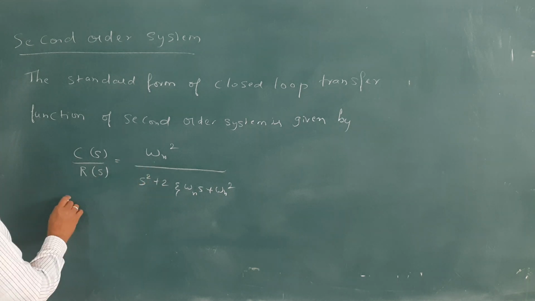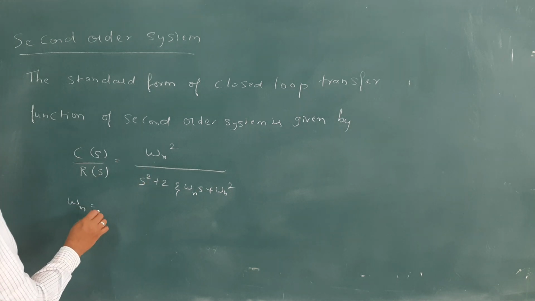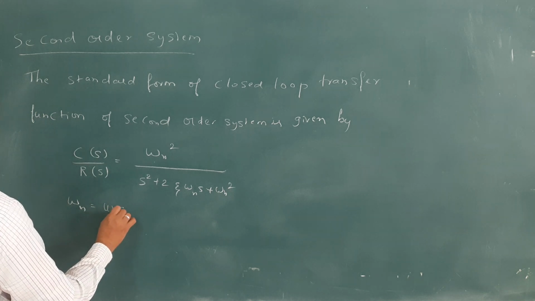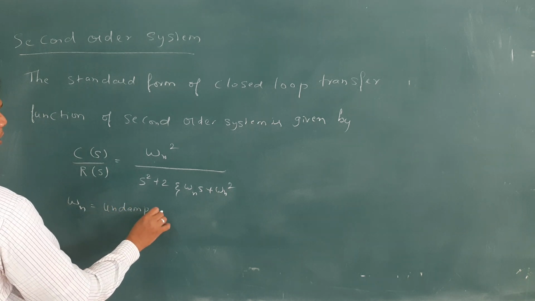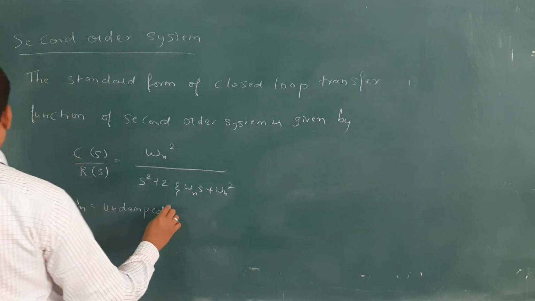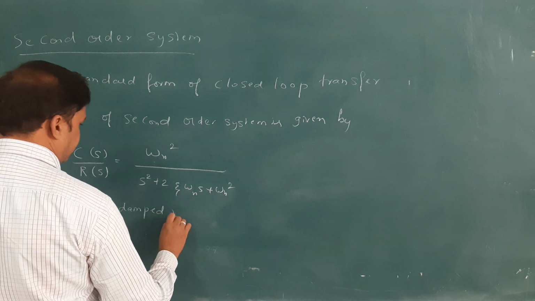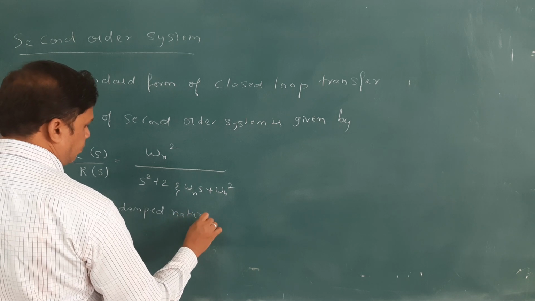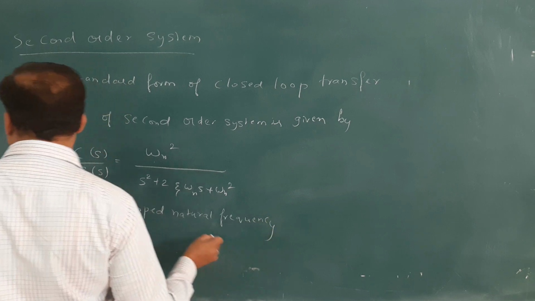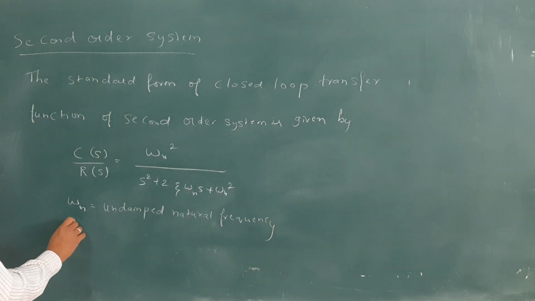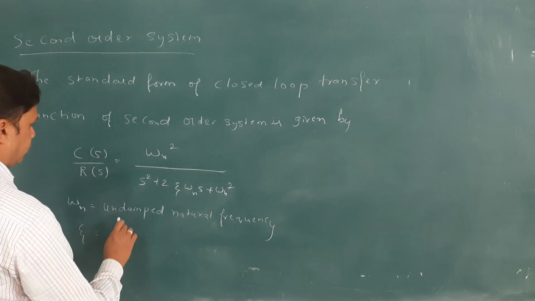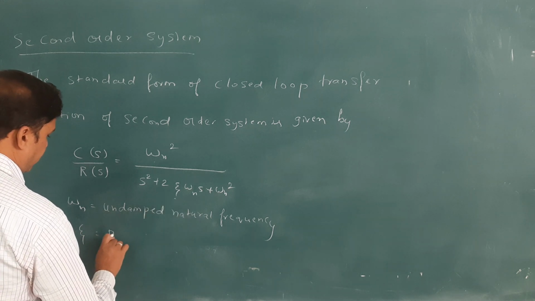Here we are having variables, that is omega n. Omega n is called as undamped natural frequency, and also zeta is equals to damping ratio.